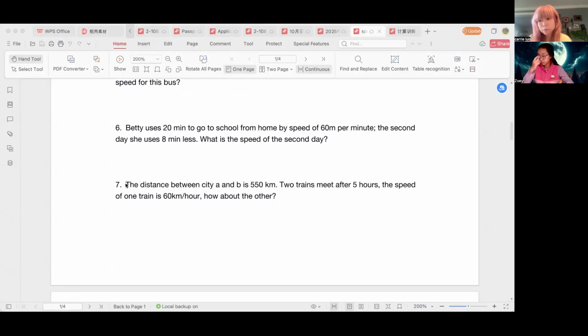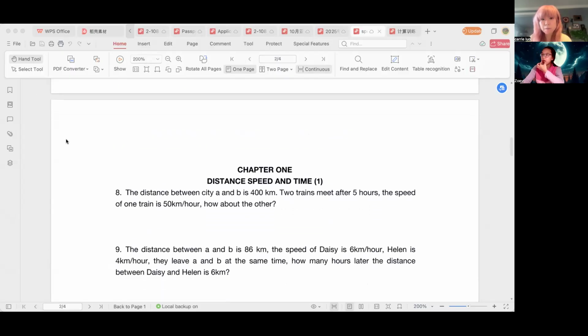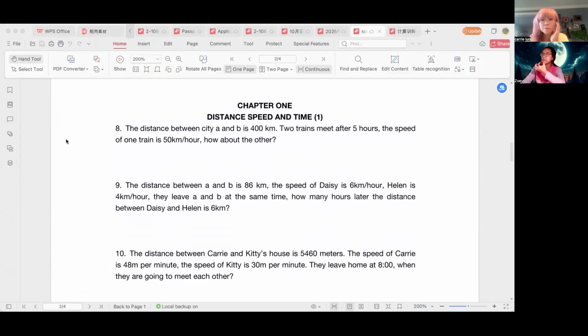How about the other? 50 kilometers per hour? Very good. This one is easy, right? Okay, so let's take a look at the real question.